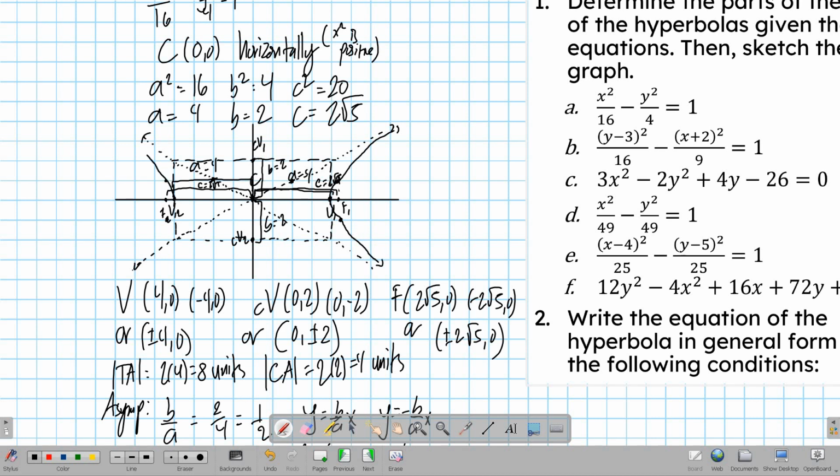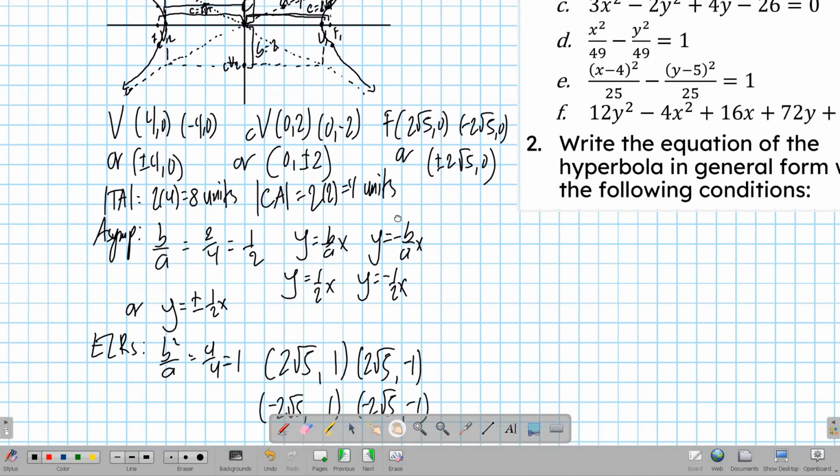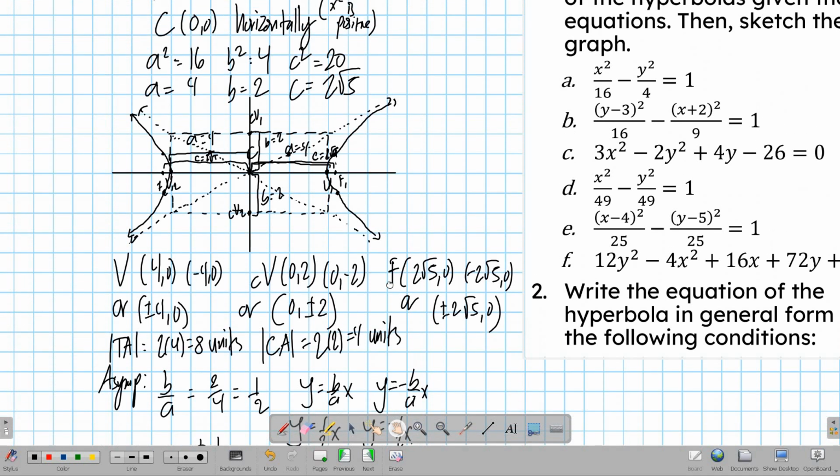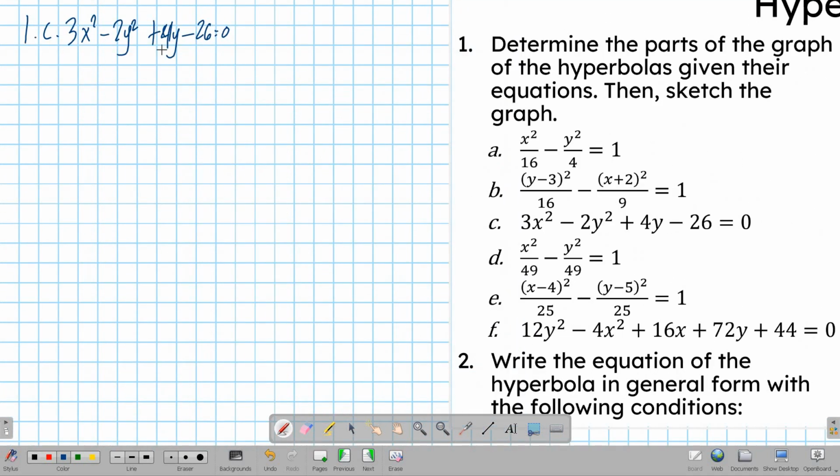And here, oops, something like this. So we can look something like that. So that is the sketch of the hyperbola at 1a, x squared over 16 minus y squared over 4 equals 1 with the different parts.